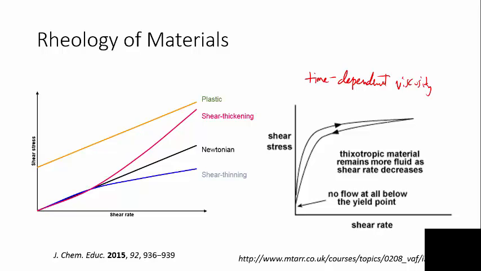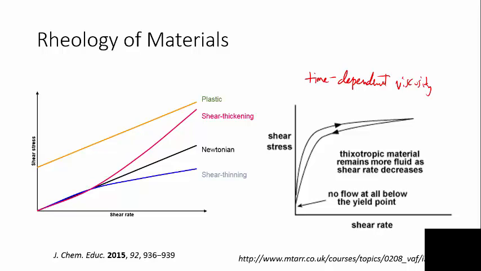But then we returned back to our starting point, and the curve did not superimpose directly on the original line. It's a little bit less. So the viscosity is lower after we went through this process. So the time we worked the material, the material has a kind of memory of what happened to it.